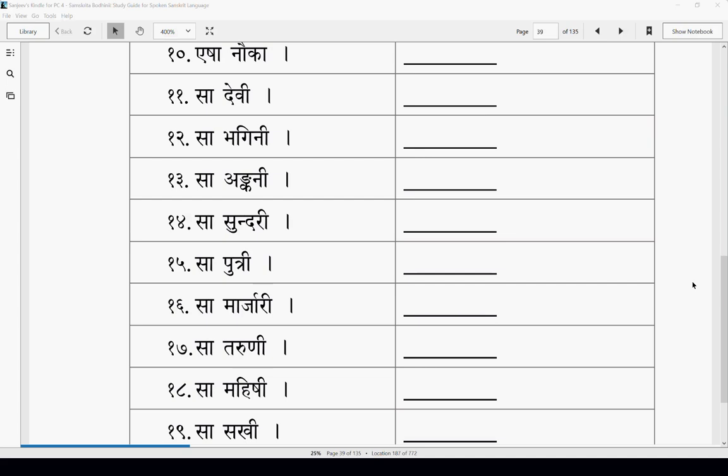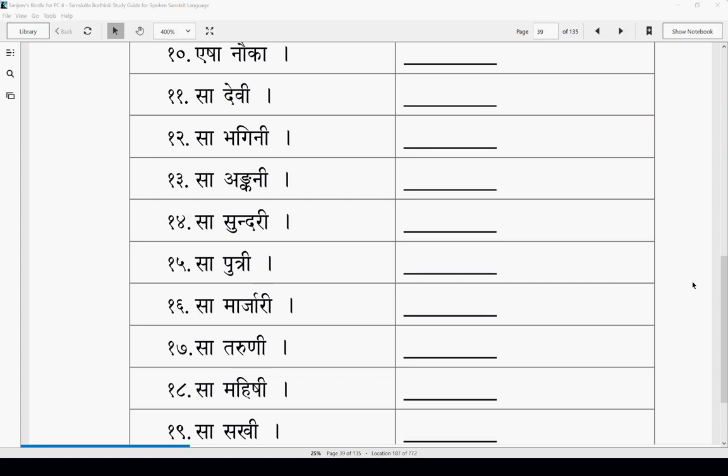Okay, thank you. And Taruni, would that be an adolescent girl? Taruni is young girl. Okay. And Mahishi? Mahishi is buffalo. Okay, thank you. Interestingly, Mahishi is actually buffalo.